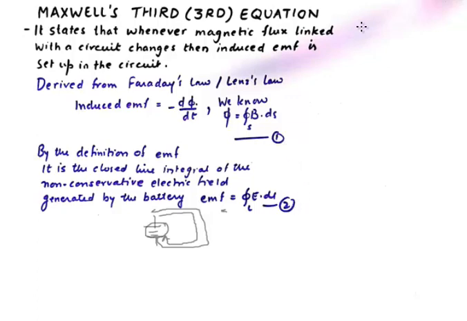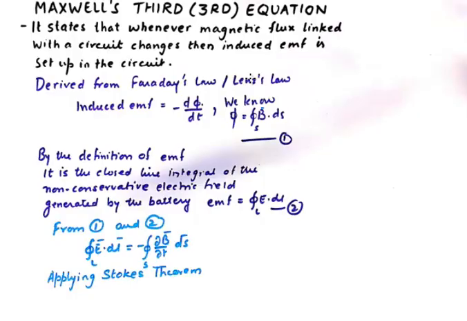So 1 and 2 will give me Maxwell's third equation. And this is Maxwell's third equation in integral form. You can see that E dot dl, which is obtained from the definition of EMF, is equivalent to minus ∂B/∂t dot ds, and of course it's a surface integral that goes along with it.